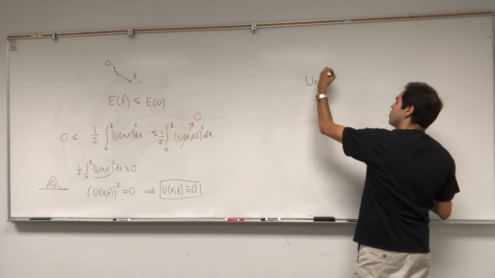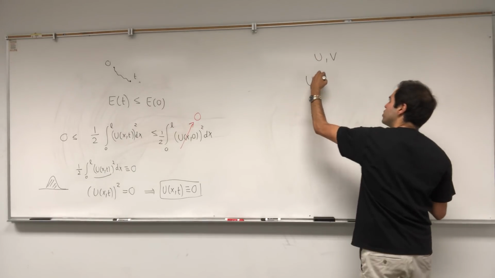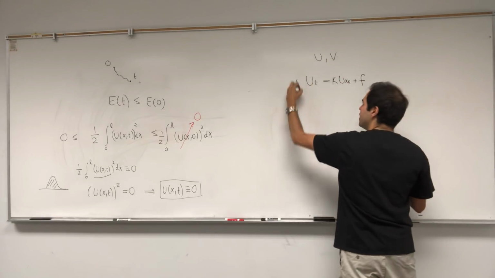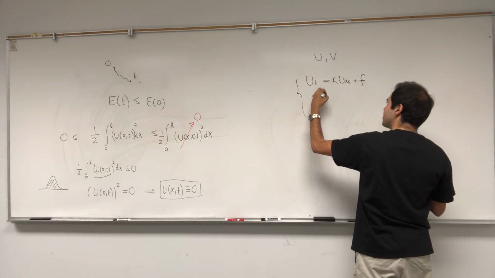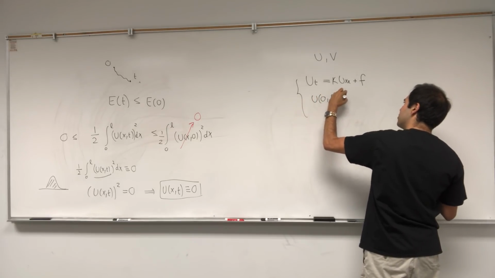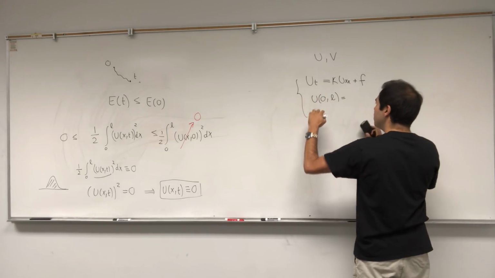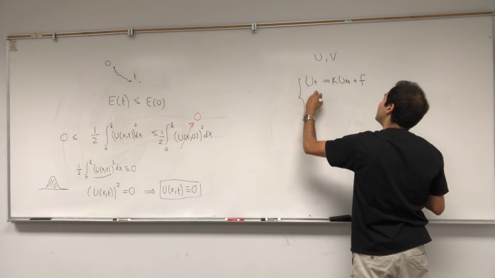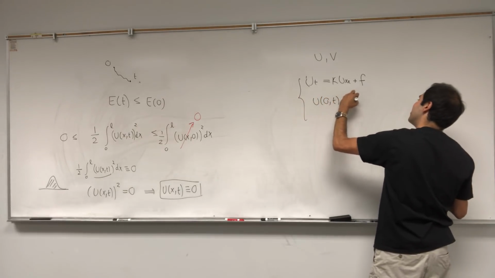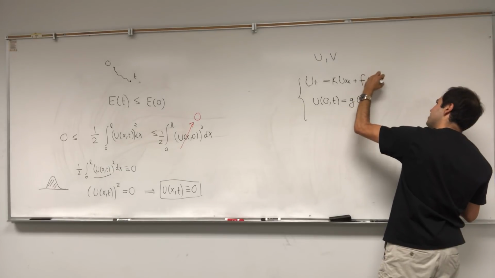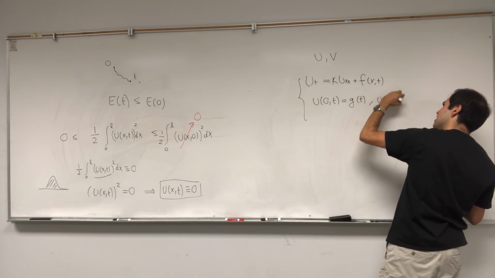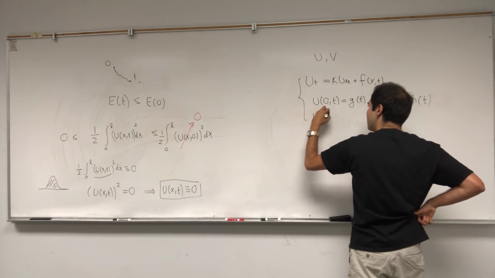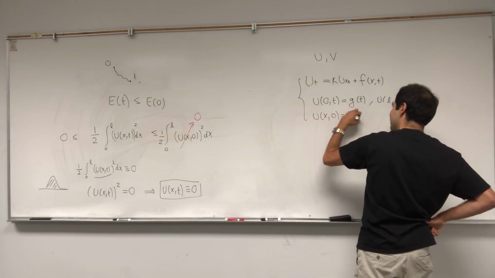Suppose u and v are both solutions of u_t equals k u_xx plus f, an inhomogeneous term, u(0,t) is g of t, u(L,t) equals h of t, and u(x,0) equals phi of x.